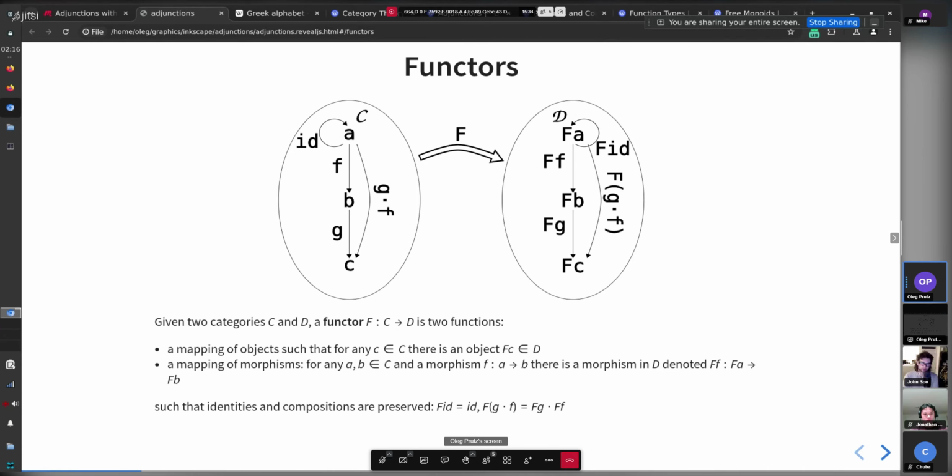But this mapping maps morphisms, and in a way that respects some structure, right? So it maps identities to identities. So F of ID A should be ID on F A, and F of G dot F should be F G dot F F.